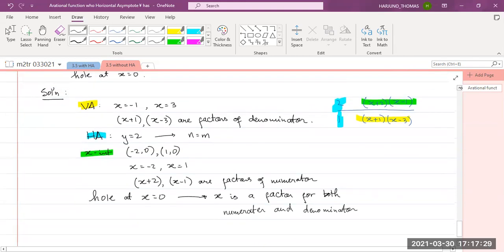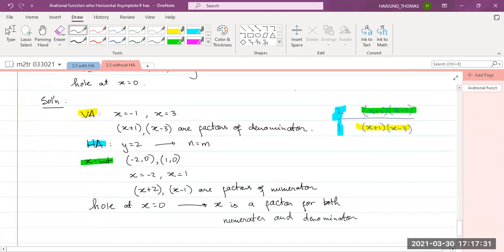So it is x to some power in both, let's call that x to the c, x to the c. They just tell us there is a hole there. But if we want the minimum degree of rational function that gives this information, then you just need x and x there.